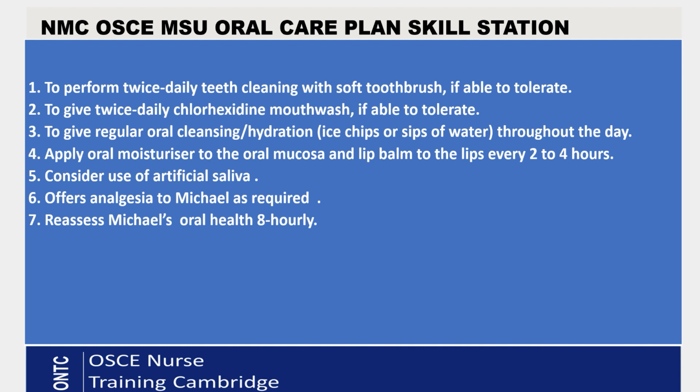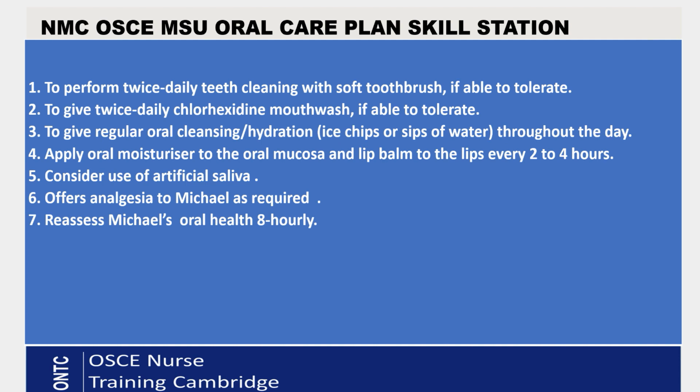And then the next thing is to consider use of artificial saliva. For a chemotherapy patient, they do have reduced saliva with all the treatment, so we should consider use of artificial saliva. Next thing is to offer analgesia. That's really important because Michael has already got quite a bit of irritation and inflammation in the mouth, so offer analgesia to Michael as required.